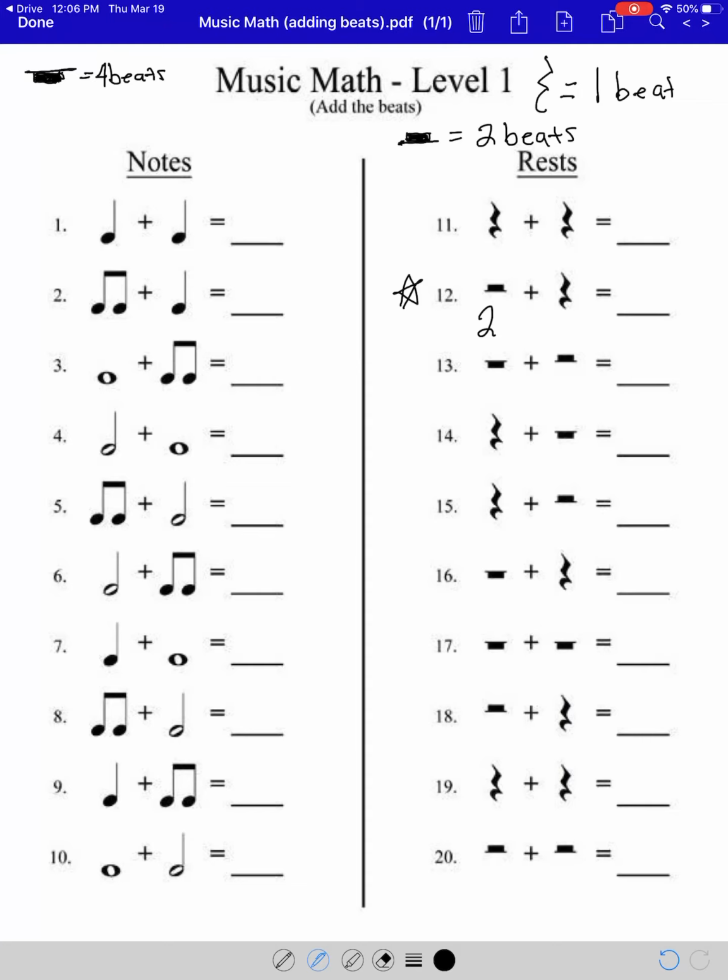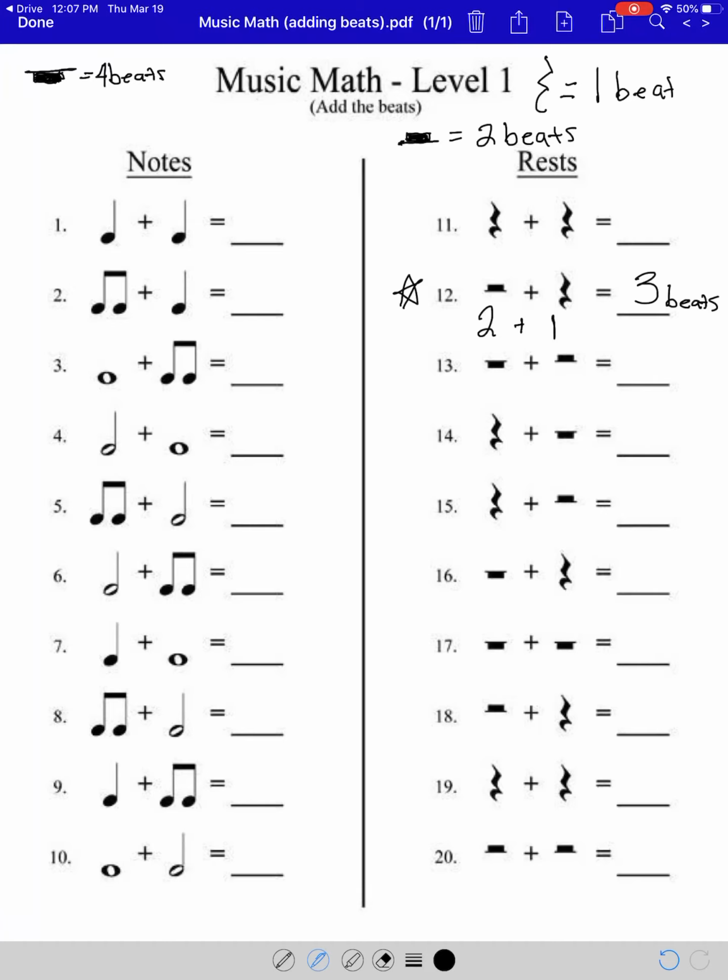And again, if you look at the legend I've drawn on top, a quarter rest gets 1 beat. So 2 plus 1 is 3 beats. Let's do one more of these rest examples, and then we'll do one of the note examples, which are very similar to the last sheet that we did.